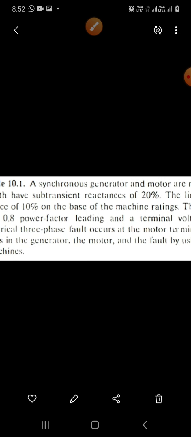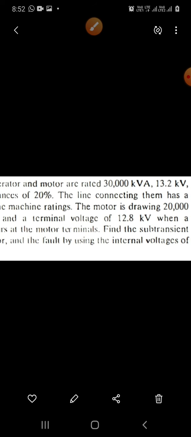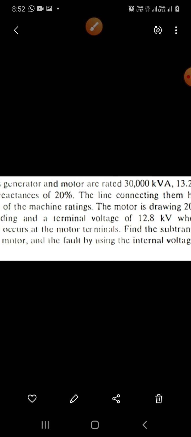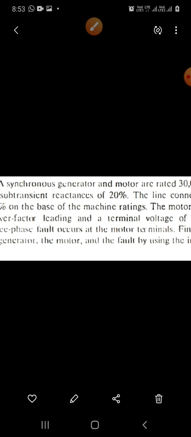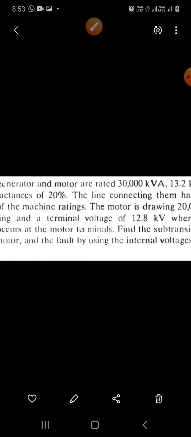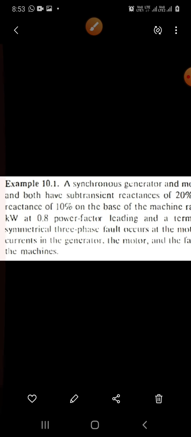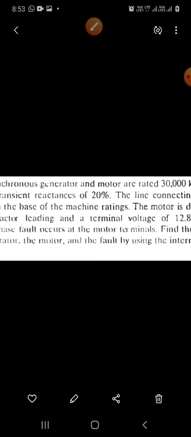A synchronous generator and motor are rated 30,000 kVA, 13.2 kV voltage, and both have sub-transient reactances of 20%. The line connecting them has a reactance of 10% on the base of the machine rating.